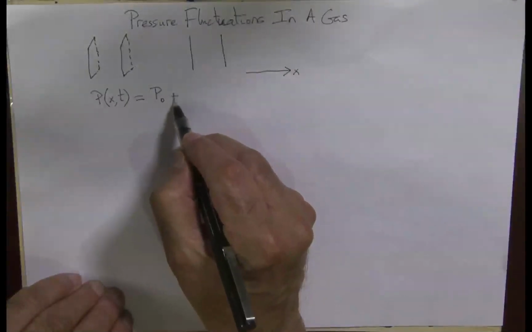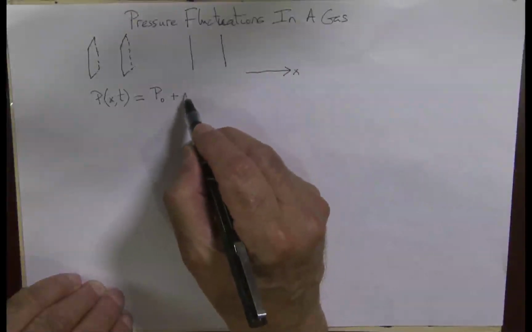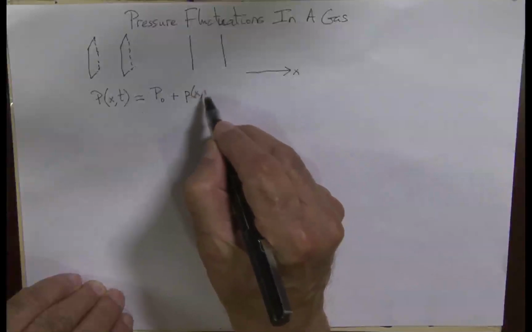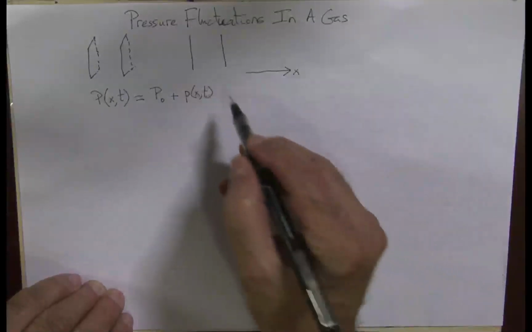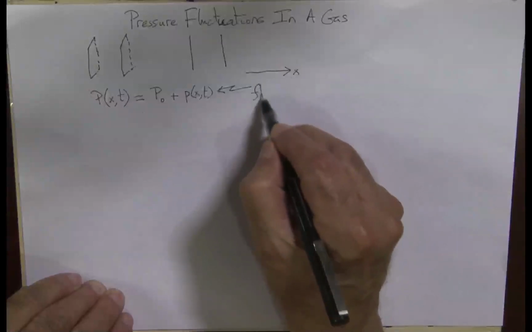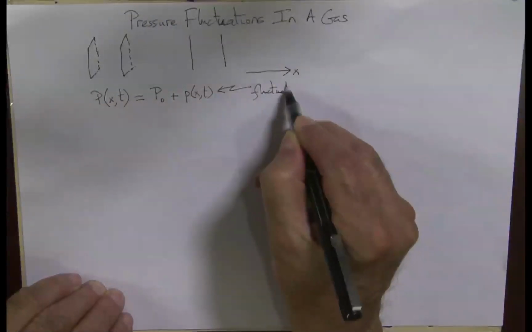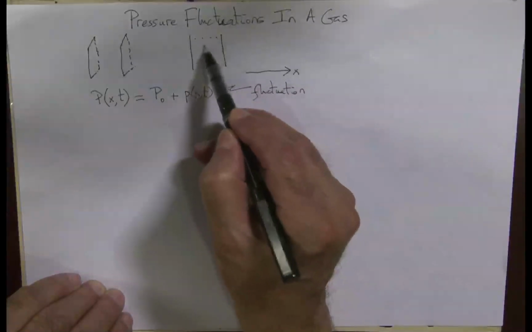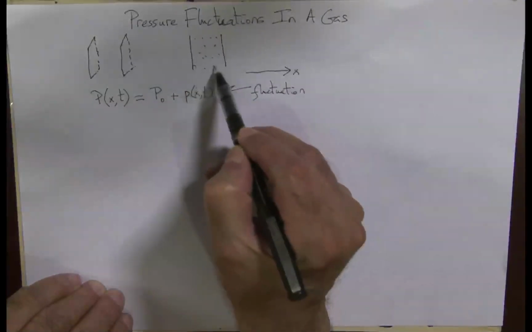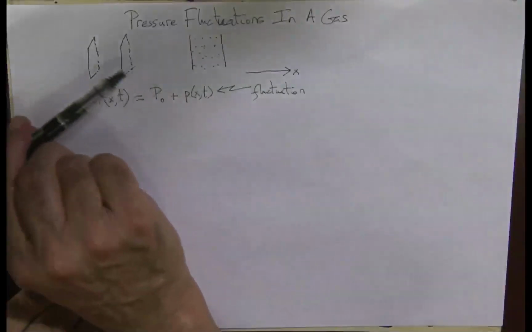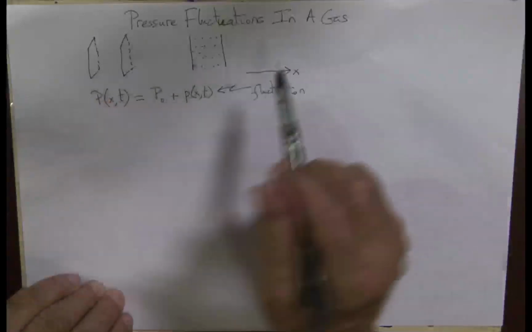And then a component that will be the fluctuating part. And this p will be a function of x and time. And this is the fluctuation. Now, the atoms in this, of course, are affected by the sound wave which comes from the left.